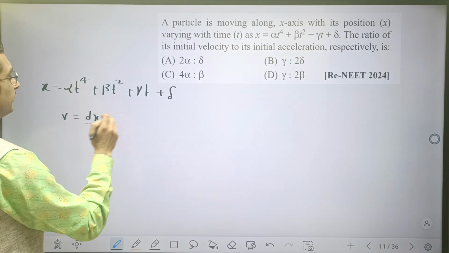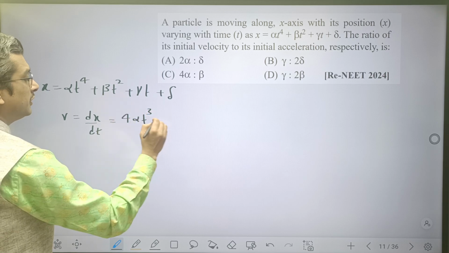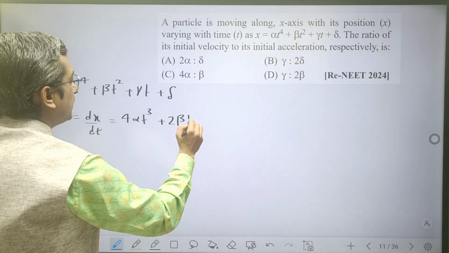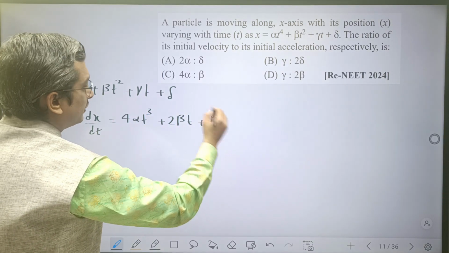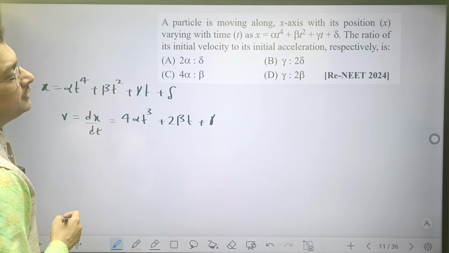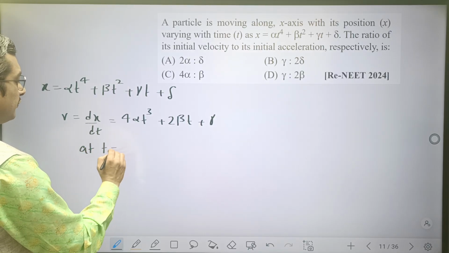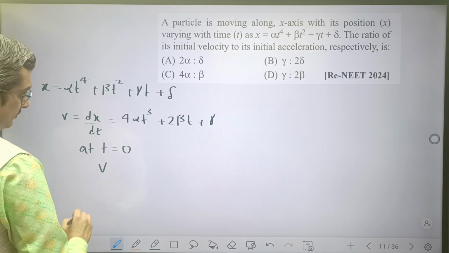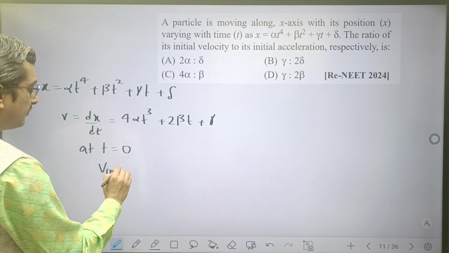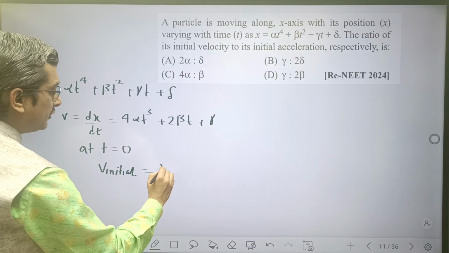So we have to differentiate this, so this will be 4 alpha t cube plus 2 beta t plus gamma plus 0, since the differentiation of delta is 0. So initial velocity is given by, at t is equal to 0, v initial is equal to gamma.